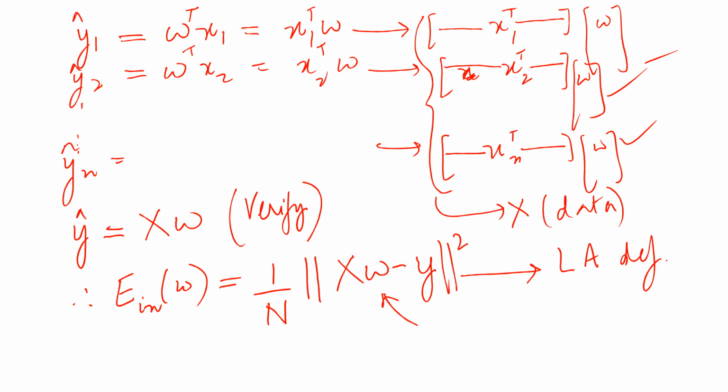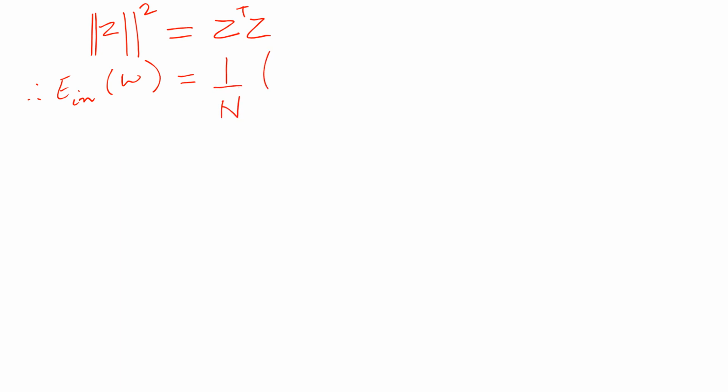So one quick rule, which I'll write on another slide, if you remember, is that if I have this squared, this is exactly equal to z transpose z. So I can apply the same rule here. E in of w is going to be 1 over n times (xw minus y) transpose times (xw minus y). And how about going even further?